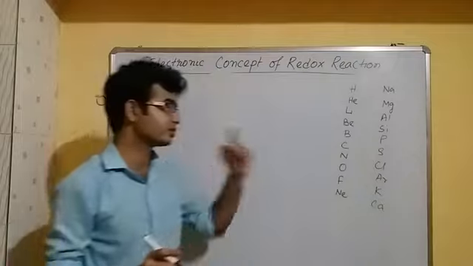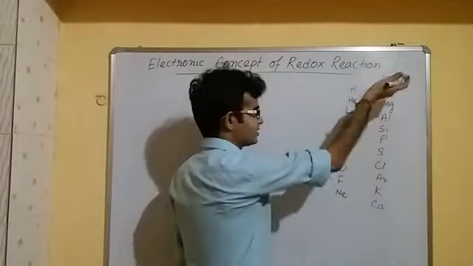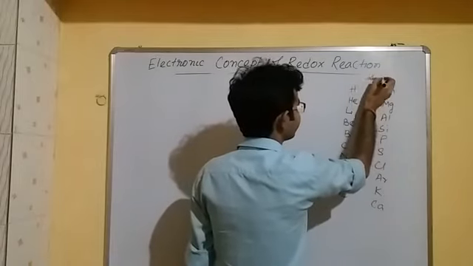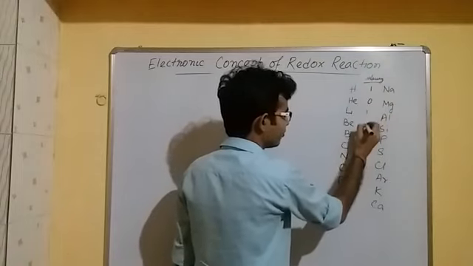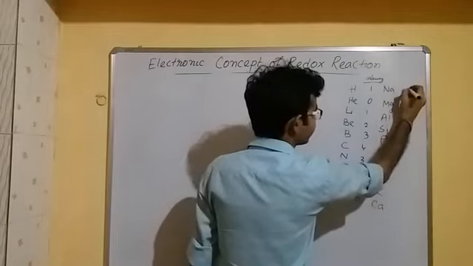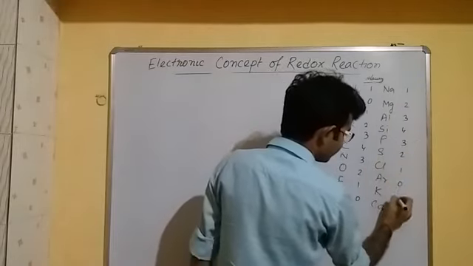You have to remember just these 20 atoms. There is a process we know for remembering the valency. First, you have to remember 1 0. Then 1 2 3 4 3 2 1 0. Again 1 2 3 4 3 2 1 0 1 2.